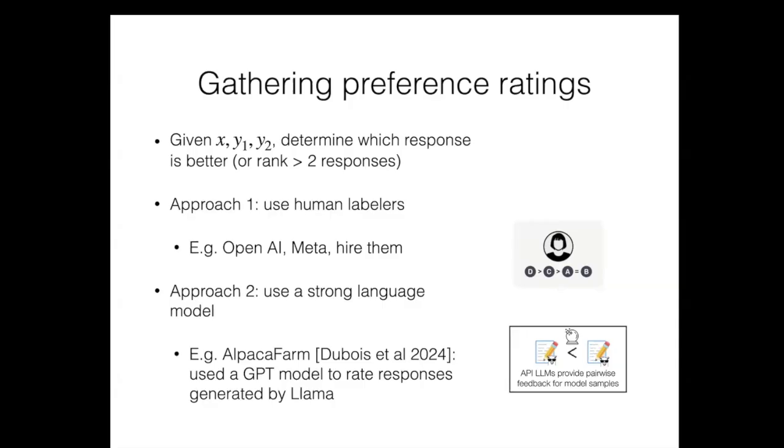You might run into difficulties if you're trying to train the very best model. But usually, especially in the open source community, you'll have access, say through an API, to a really, really strong model. And you could basically use that to rate the responses from your smaller model that you're trying to improve.